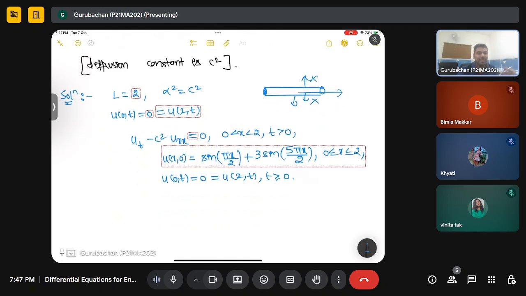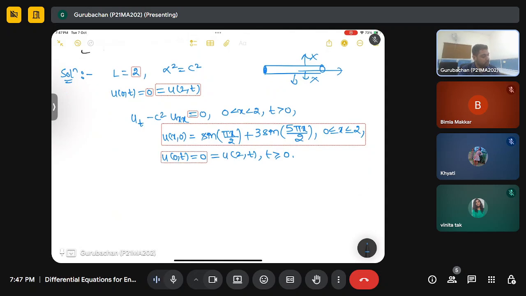This kind of heat equation we have solved in question number 2.